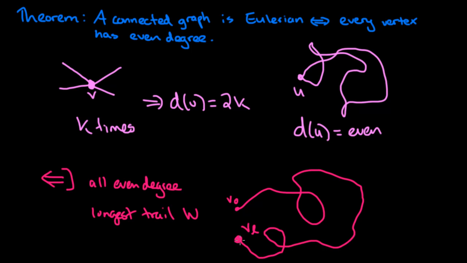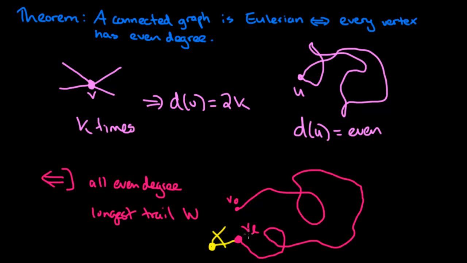Now we observe that if in fact there is another edge incident with this vertex VL, then we could simply extend the trail. So if there is a vertex somewhere out here adjacent to VL, then we can extend to a longer trail. So that cannot be the case.